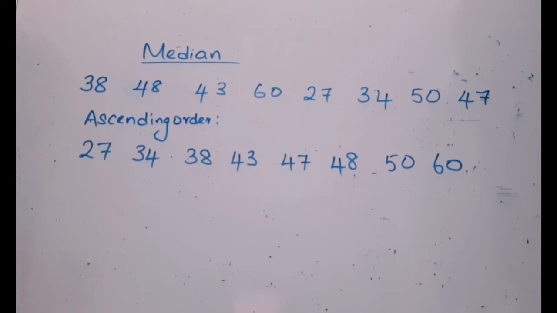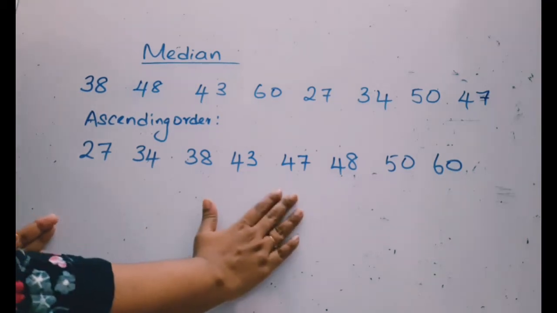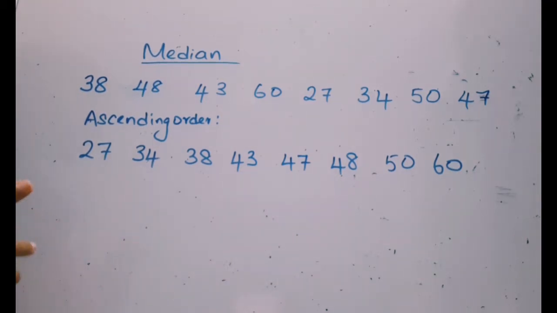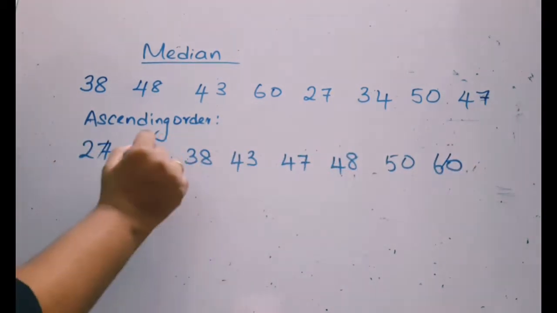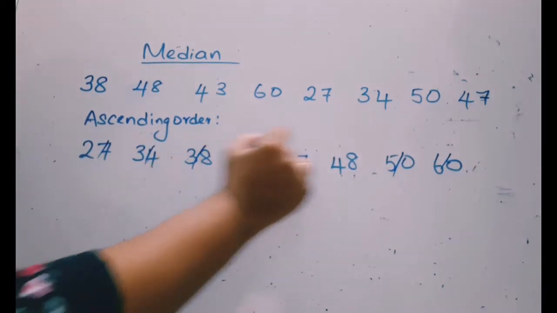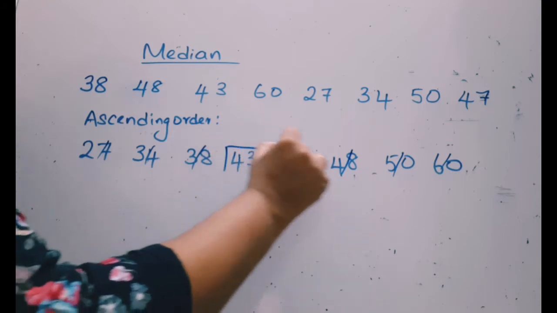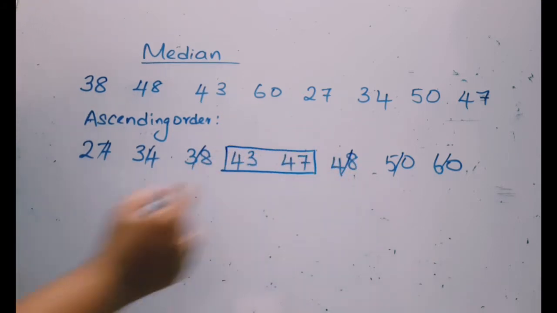Now we need to find the value in the center. Since it is in even numbers, you will get 2 numbers in the middle. Am I right? Let's cut like this. As you can see here, we do have 2 values in the middle.